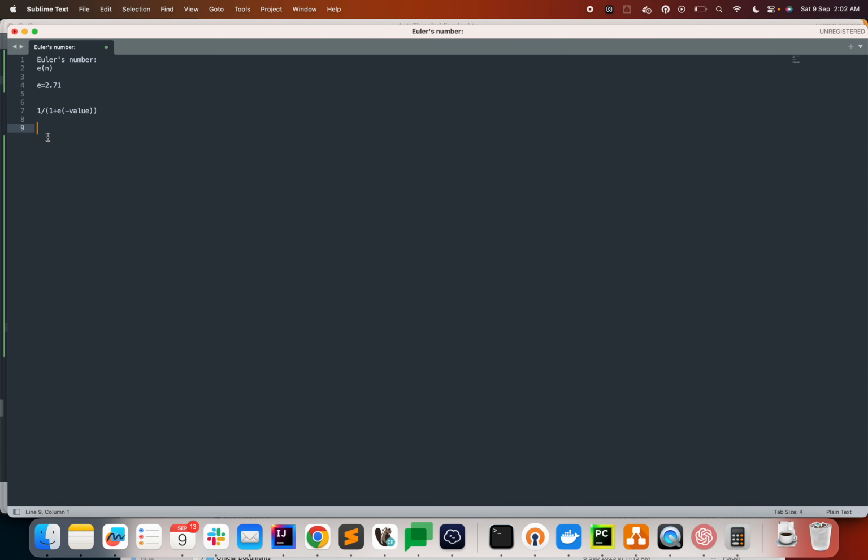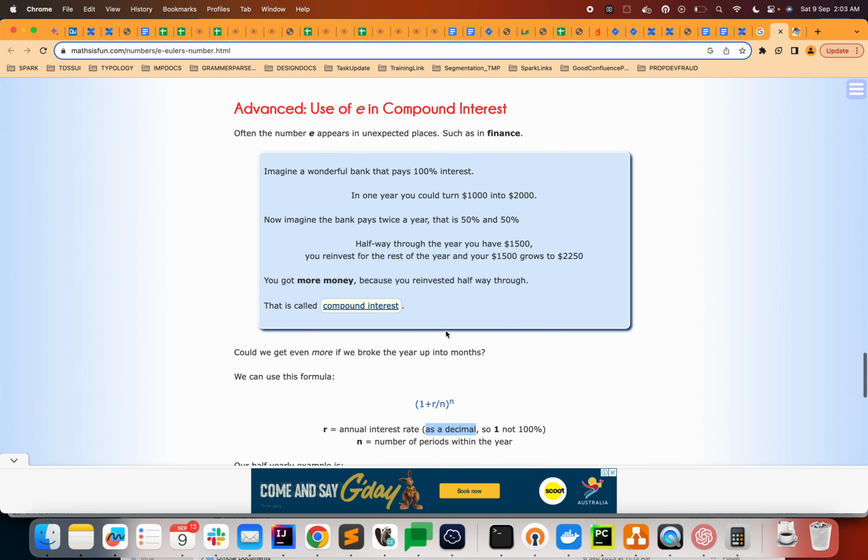When I got curious, it came to a real-world example. Let's say we have a bank. Let me take you to that page which I have seen. This comes to compound interest in a bank.